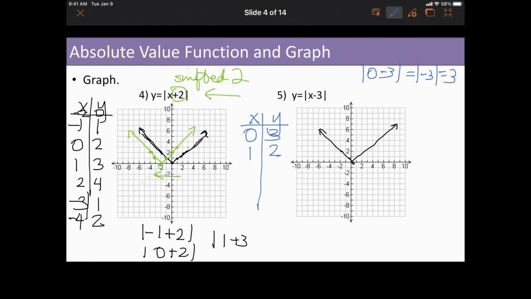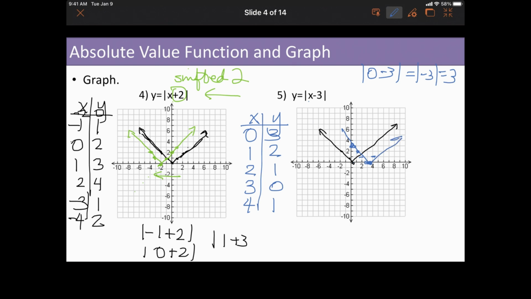Absolute value is 2. If you put in 2, it's going to give me 1. If you give me 3, it's going to give me 0. And 4, we get 1. All right, so 0 is 3. 1 is 2. 2 is 1. 3 is 0. 4 is 1. So you can see it went back up.